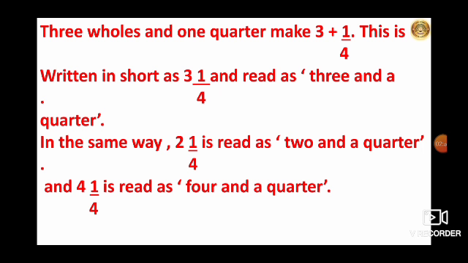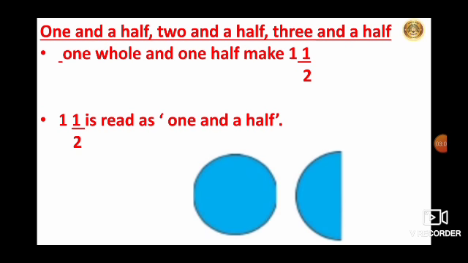This is written in short as 3.25 and read as 3.25. In the same way, 2.25 is read as 2.25 and 4.25 is read as 4.25.